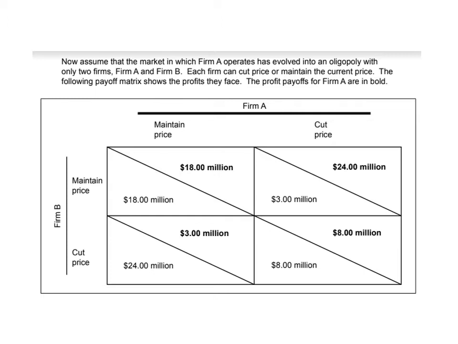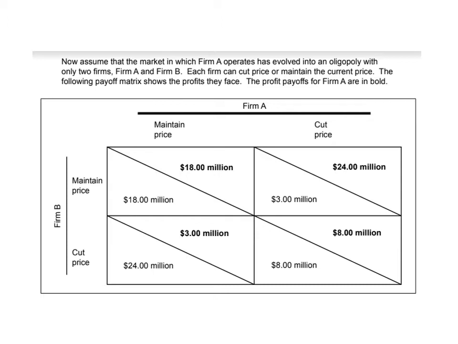The following payoff matrix shows the profits they face. The profit payoffs for firm A are in bold. I can't go back and forth when I'm recording, but you'll be able to go back and forth to look at this table. So pretending that you're either firm A or firm B, and you question what they may do, what would be your best position to take?